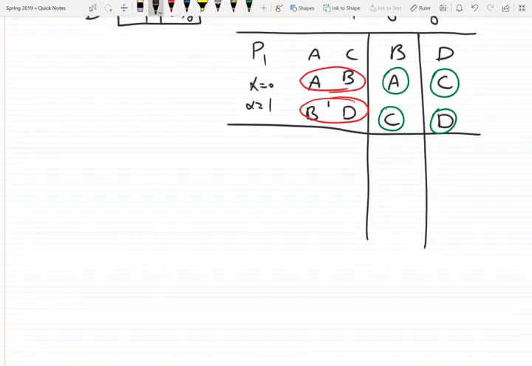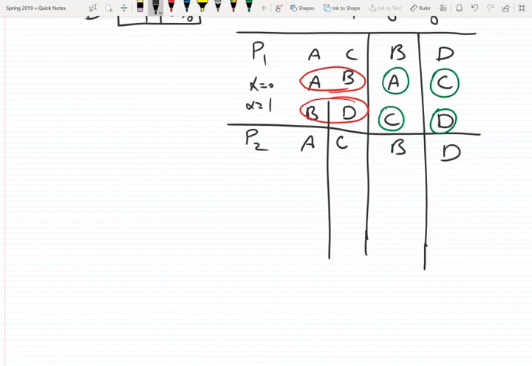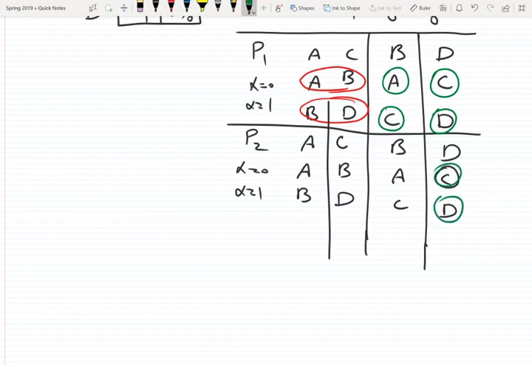So we need to add another partition. So P2, which we have A, C, B, D, x is equal to 0, x is equal to 1: A, B, B, D, A, C, C, D. All of them are, of course, single states, so they are not in different blocks.